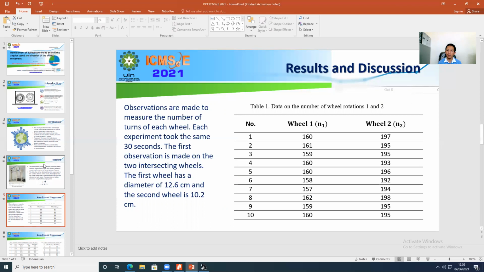The data of the number of turns of wheel 1 and wheel 2, the observation of the number of turns.